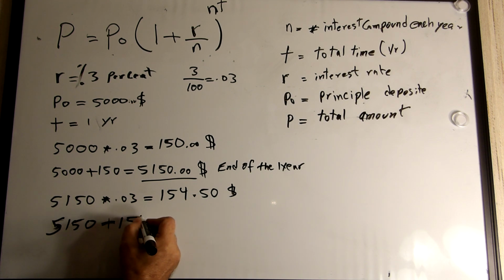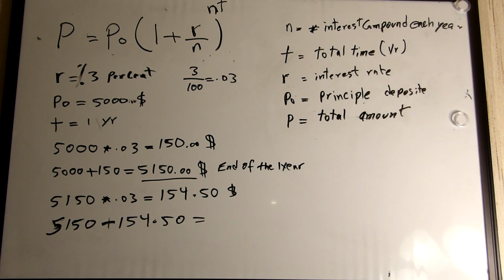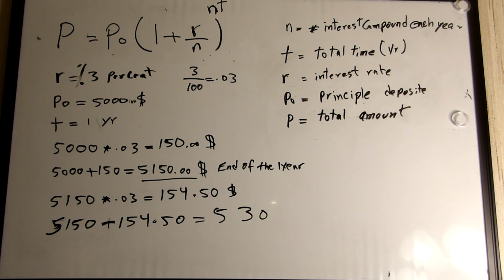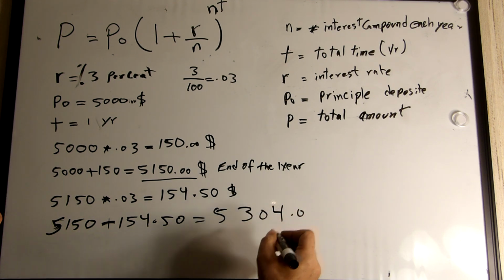We add the interest, so it's going to be $5,304.